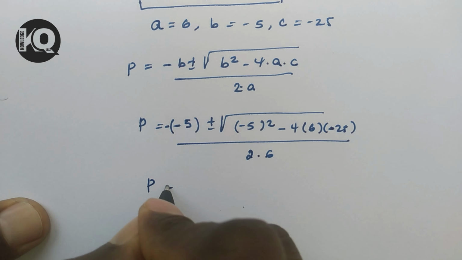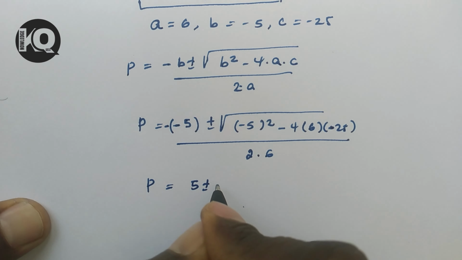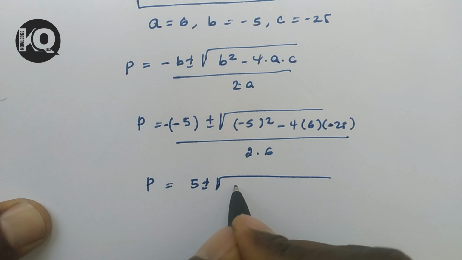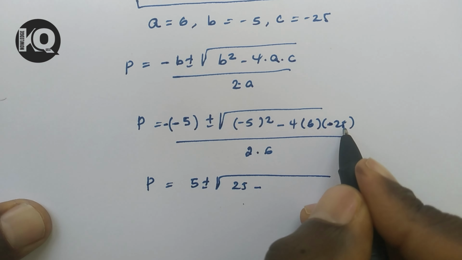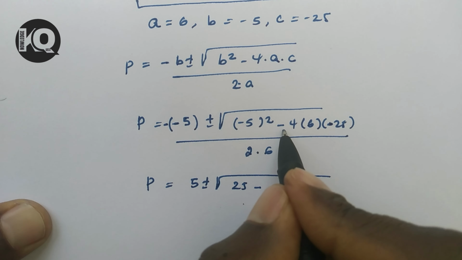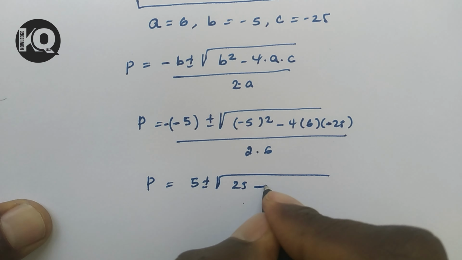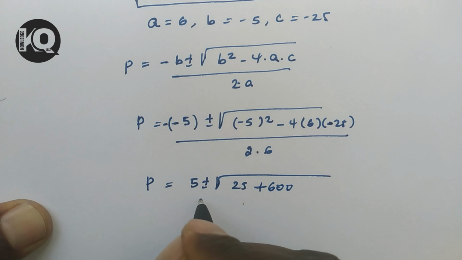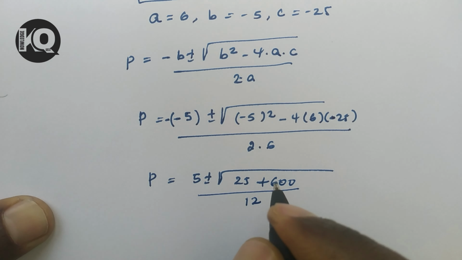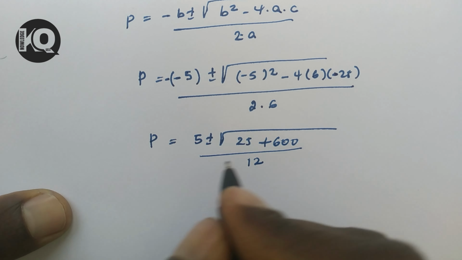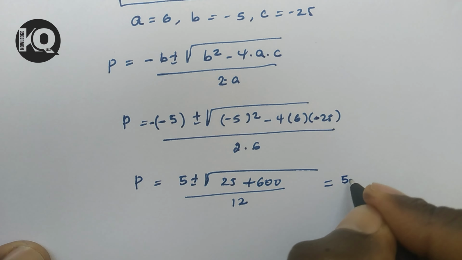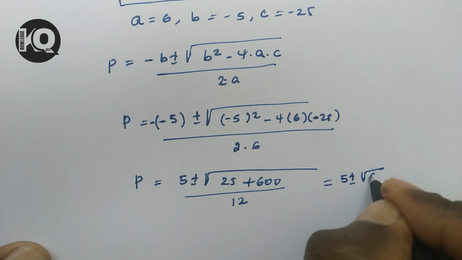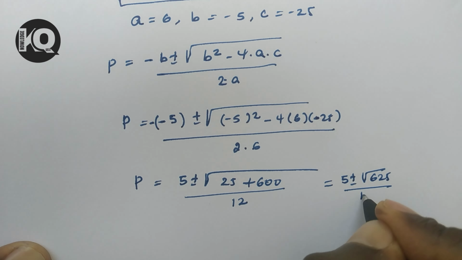And we have p equal to 5 plus or minus the square root of 25 minus 4 times 25, 100, times 6, 600, minus times minus is plus, so this will be plus 600, divided by 12. So this is equal to 5 plus or minus the square root of 625 divided by 12.